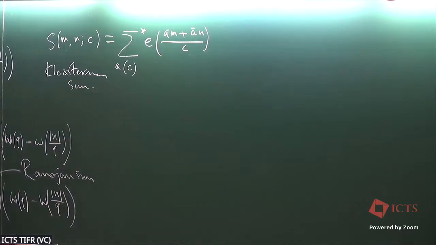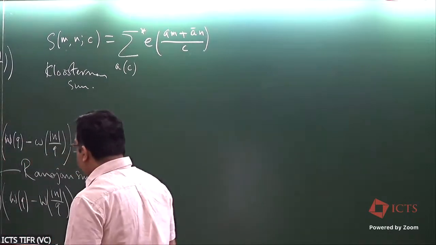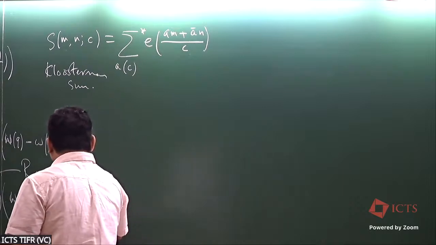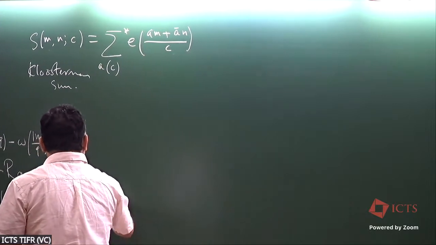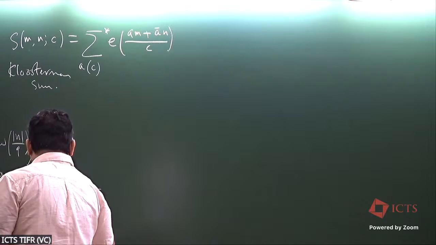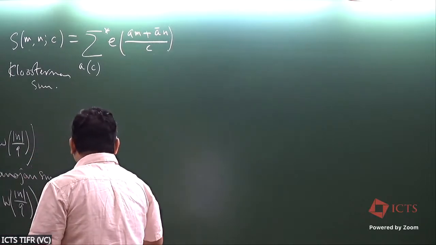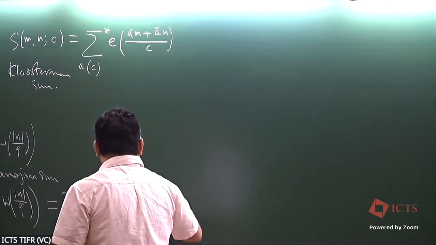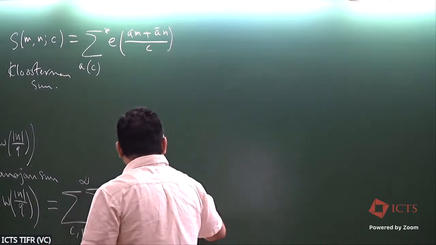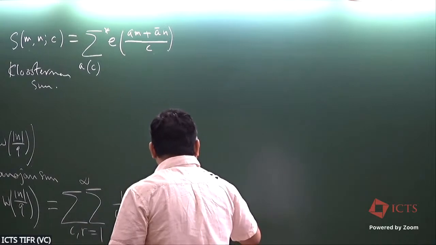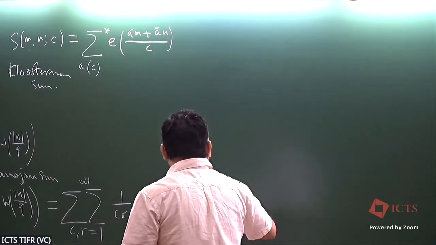All right. And then since c divides q, you can write q as c times r. So I can write it as a double sum, a sum over c and a sum over r, running from 1 to infinity, 1 by cr, c_0 in c, and then w of q, w of absolute value of n by q.